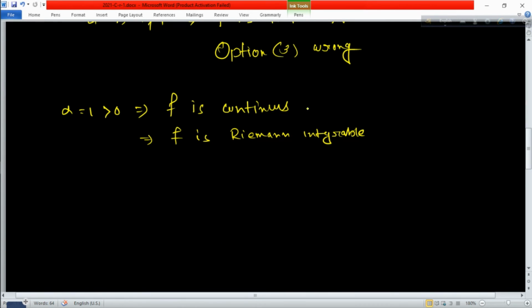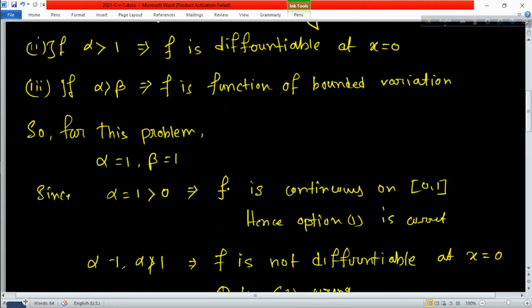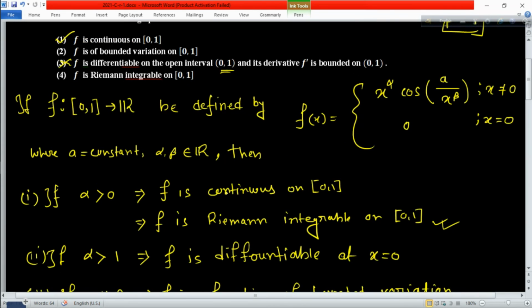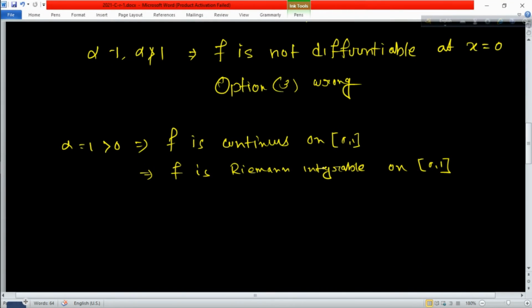Therefore, continuous on [0, 1]. If I look at the options, f is Riemann integrable on [0, 1], so option 4 is correct.